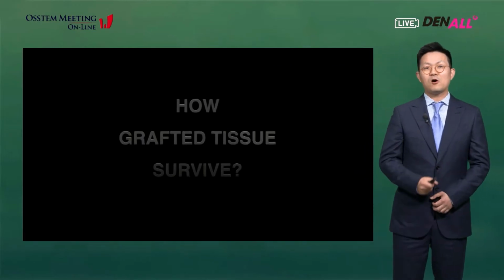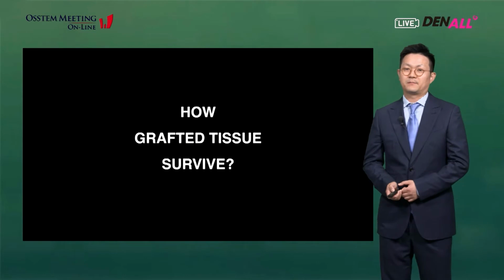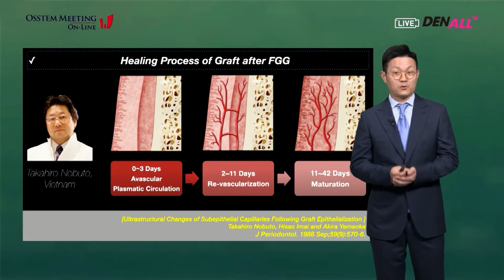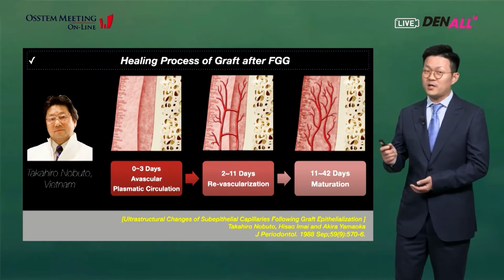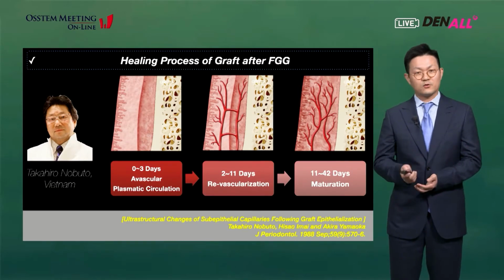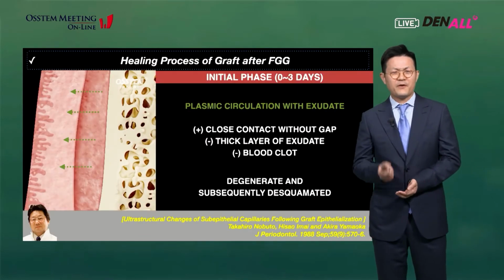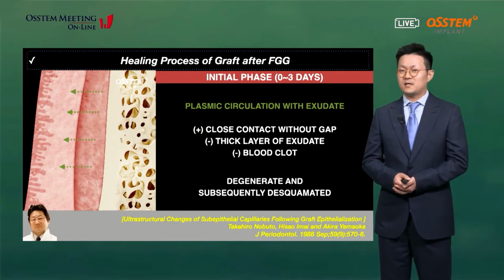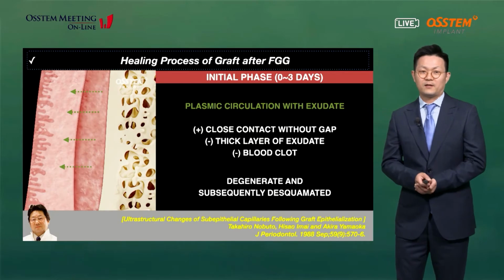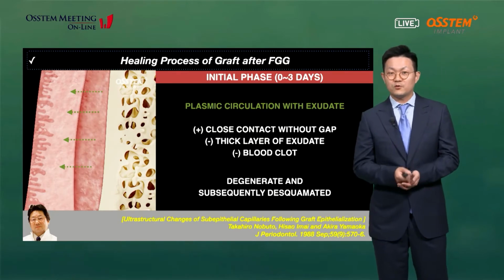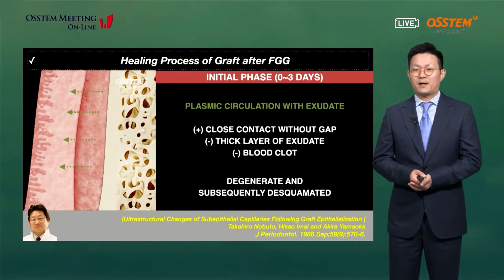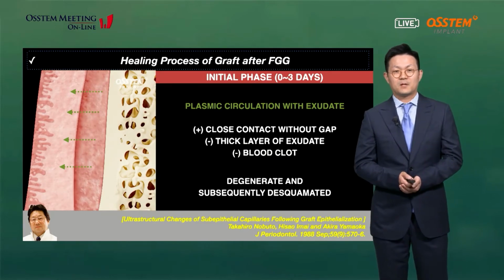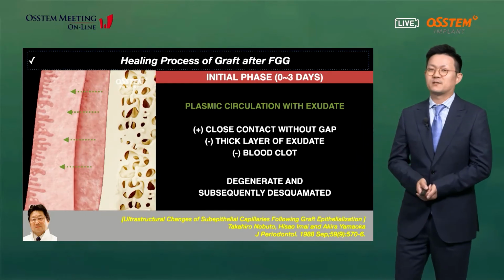Then, how does graft tissue survive? Dr. Nobuto, a famous Japanese periodontologist, suggested three healing phases in his legendary article. The first phase is the initial phase within 3 days. In this phase, oxygen and nutrients are given to the graft tissue only by plasmatic circulation with exudate, because there's no circulation.